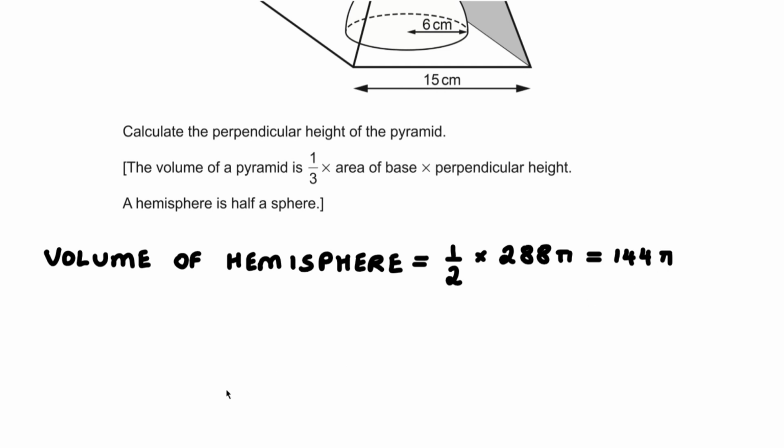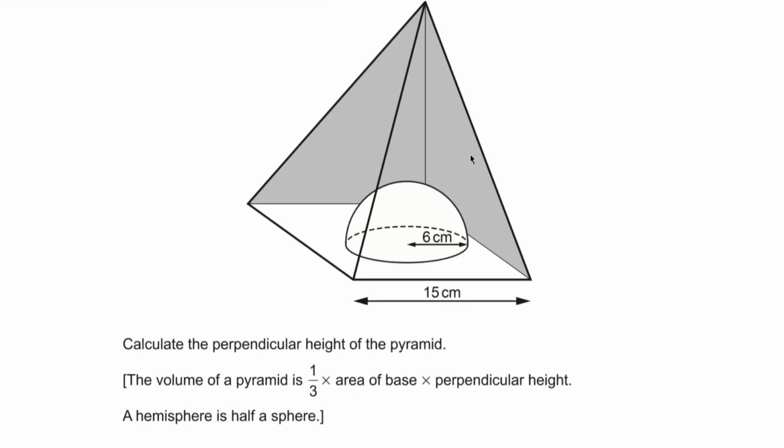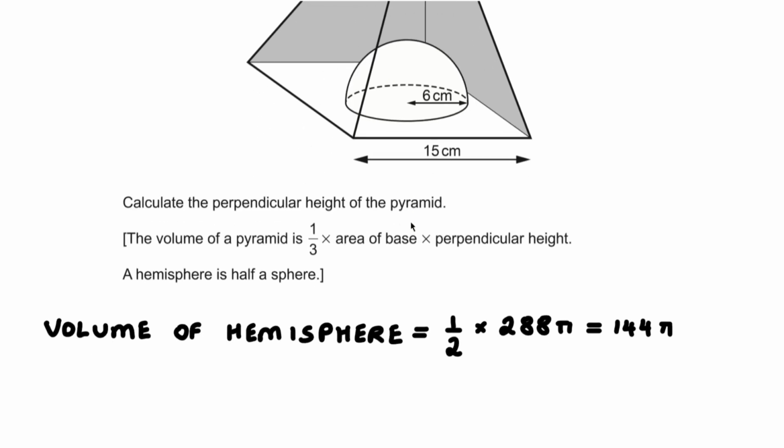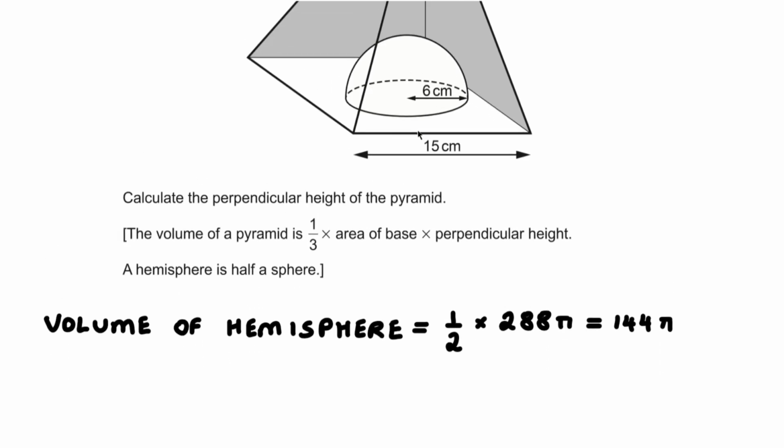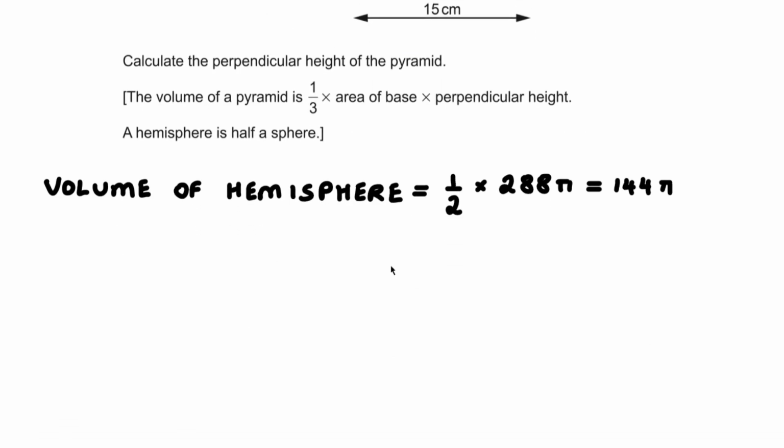So that's the volume of the hemisphere. Now, what's happening over here? Well, we cut out a hemisphere from this pyramid. So in doing so, the volume of the pyramid is reduced by 30%. So let's work out the volume of the pyramid.